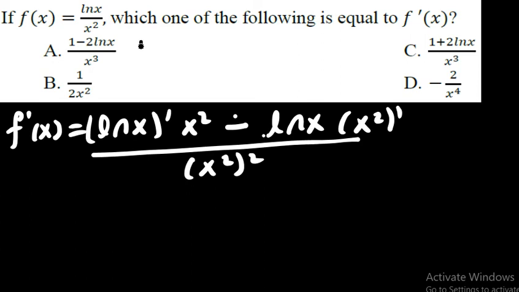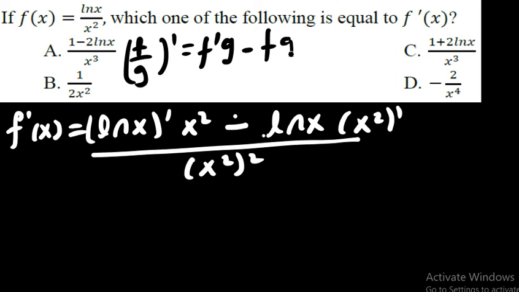Remember the formula: f over g, the whole derivative, is f derivative g minus f g derivative over g squared. So we can consider ln x as f and this one as g. So I apply that rule here.